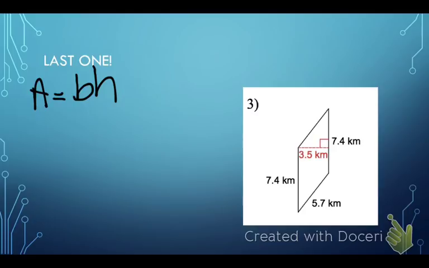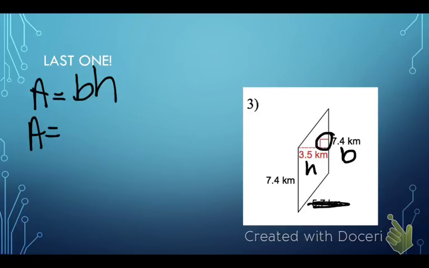Now we have 7.4, 5.7, 7.4, and 3.5. However, the base and the height are connected by that right angle every single time. So 5.7, we don't need for this because that's a side. The base is 7.4 and the height is 3.5.